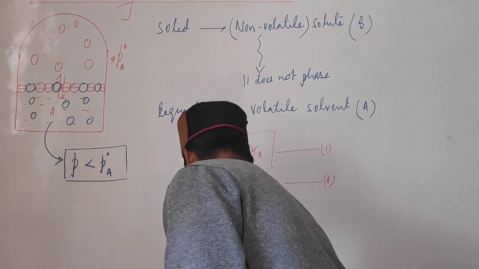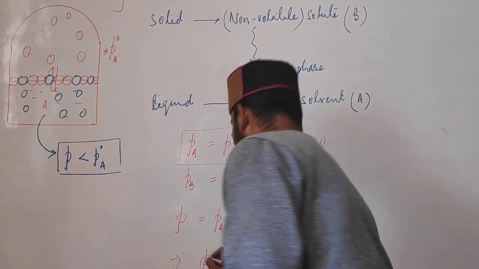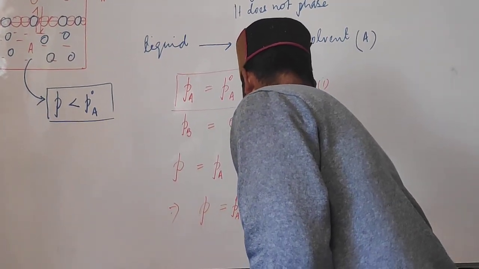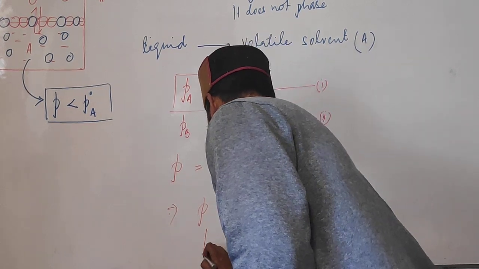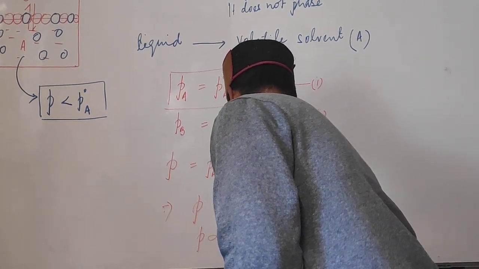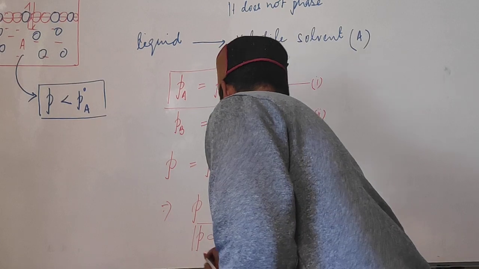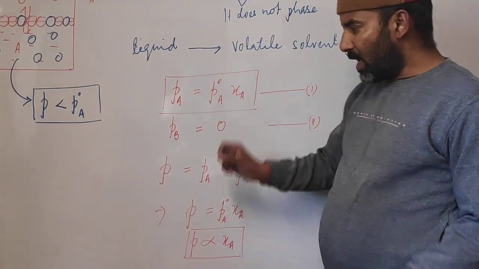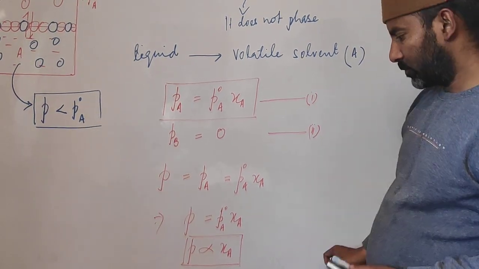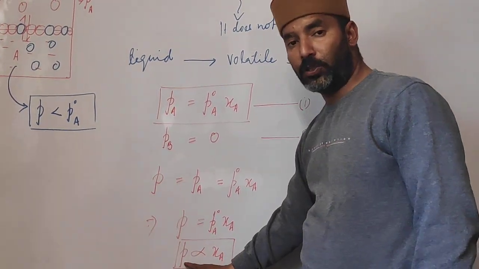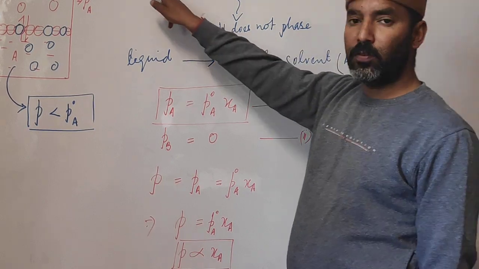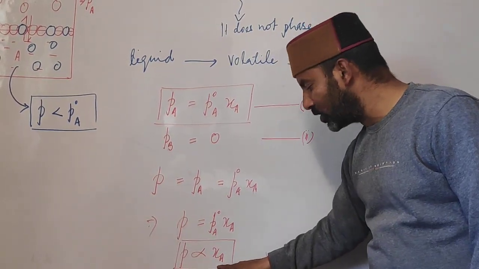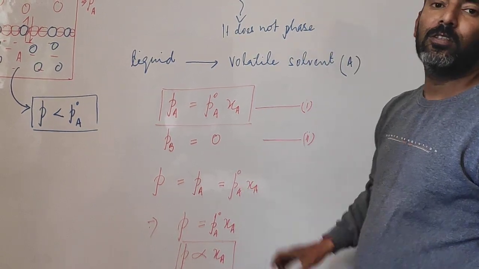So students, finally we have that the vapor pressure over the solution is P naught A into XA, or we say P is directly proportional to XA. In this case, Raoult's law states that at any given temperature, the vapor pressure of a solution containing a non-volatile solid in a liquid solvent is directly proportional to the mole fraction of the solvent.